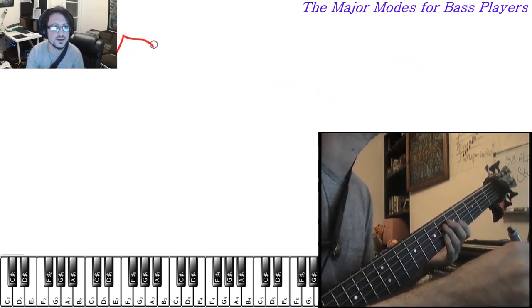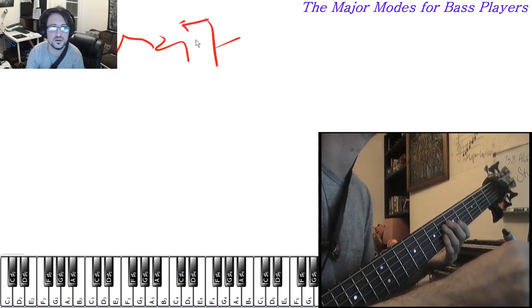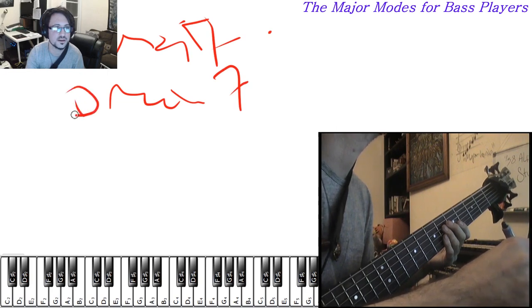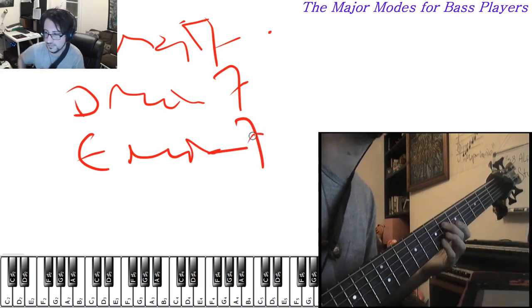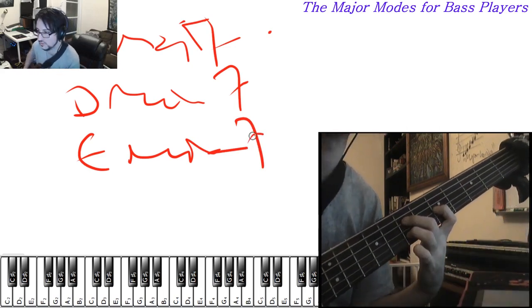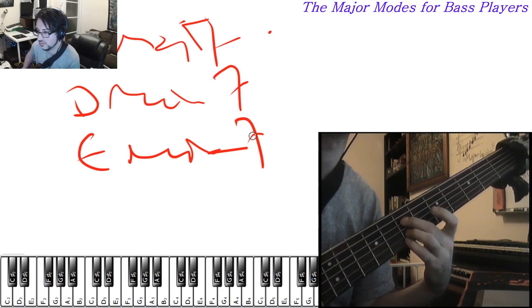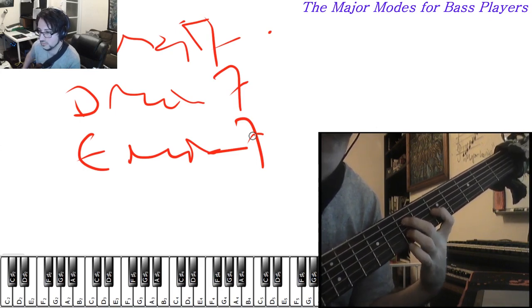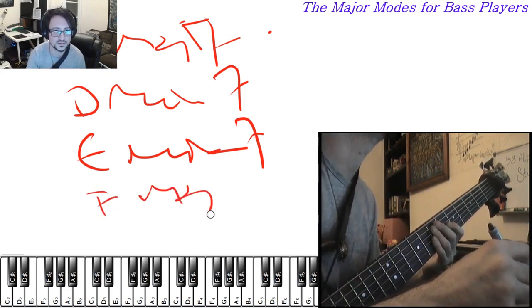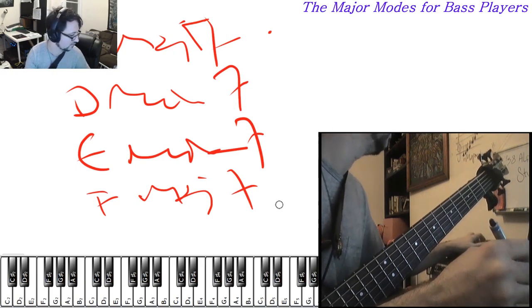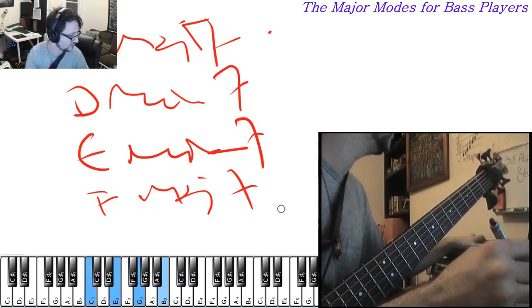We've got major 7, minor 7, so that's C and D, and we've got E, which is also a minor 7, so we just play the same thing, same two chords, but starting on E. And then we've got F, which would be a major 7 again. So major, minor, major, minor, minor, major.